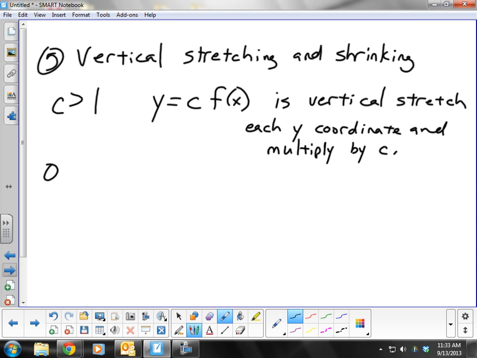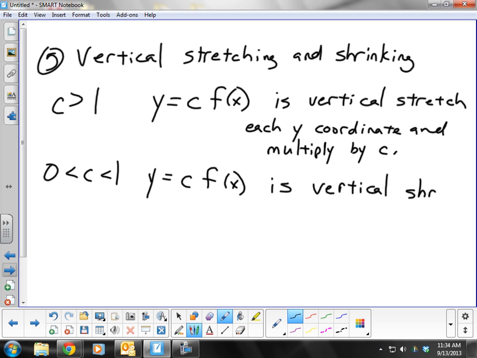Now, if c is a number between 0 and 1, then I'm talking about a fraction, right? Like a half. So if I take y and I multiply it by a half, what actually happened to the value of y? It decreases. So I'm actually doing a shrink. I'm shrinking the graph vertically. So y equals c times f of x, in that case, is a vertical shrink, or compression was the word we used last year.